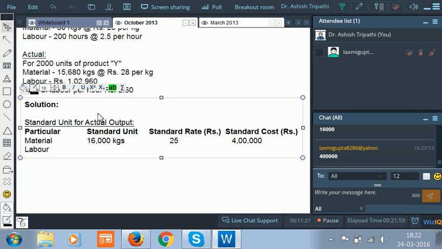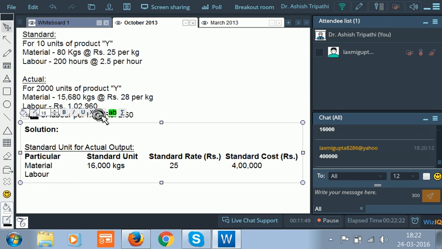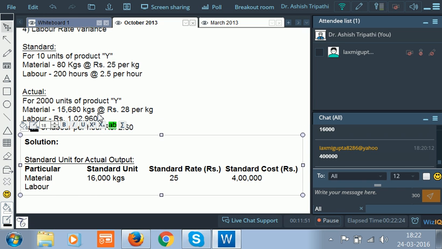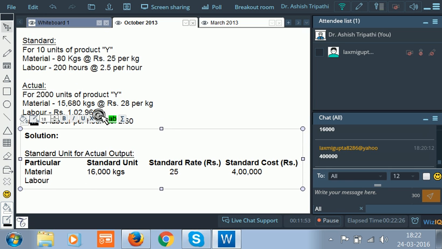For 10 units they are saying 200 hours. So for 2000 units it will be how many hours? Cross multiply and tell me how much you are getting, similar to what we did for material.